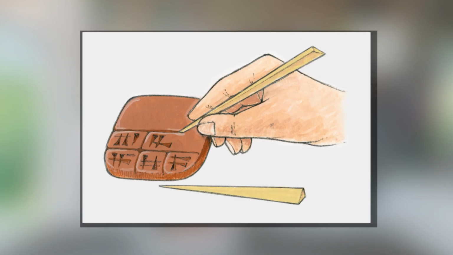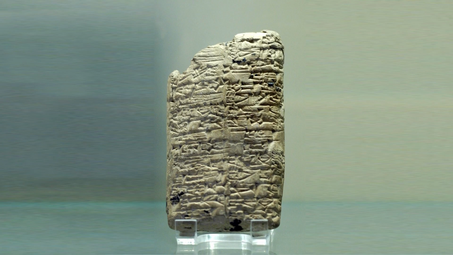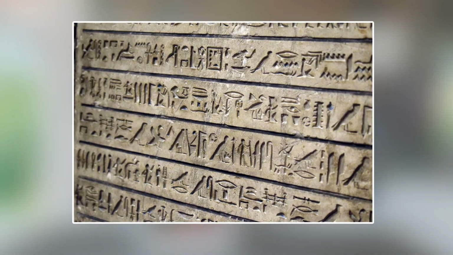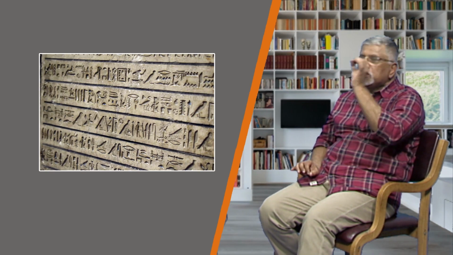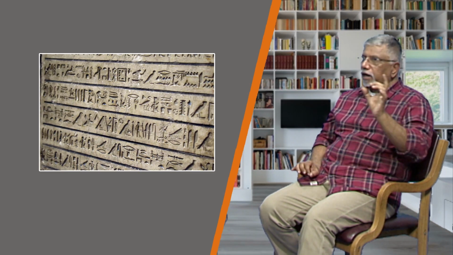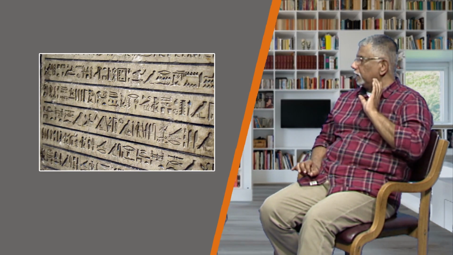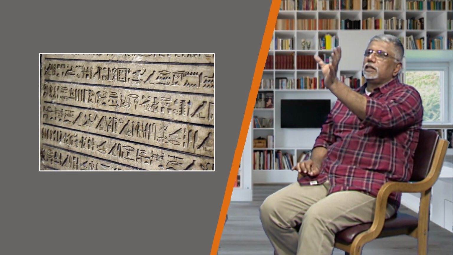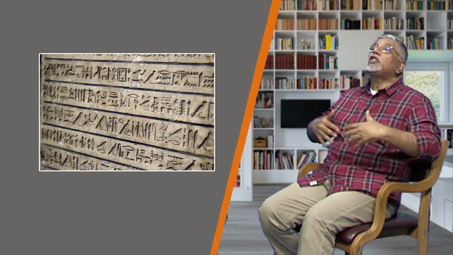Early writing, they would use wedge-shaped instruments to make marks on wet tablets of clay, and inside those wedge-shaped markings, they would add other markings. Later on, that was followed by inscriptions made on stone. The Egyptians did that. The Sumerians did the clay tablet, cuneiform writing. The Egyptians did inscriptions. That was much more permanent.